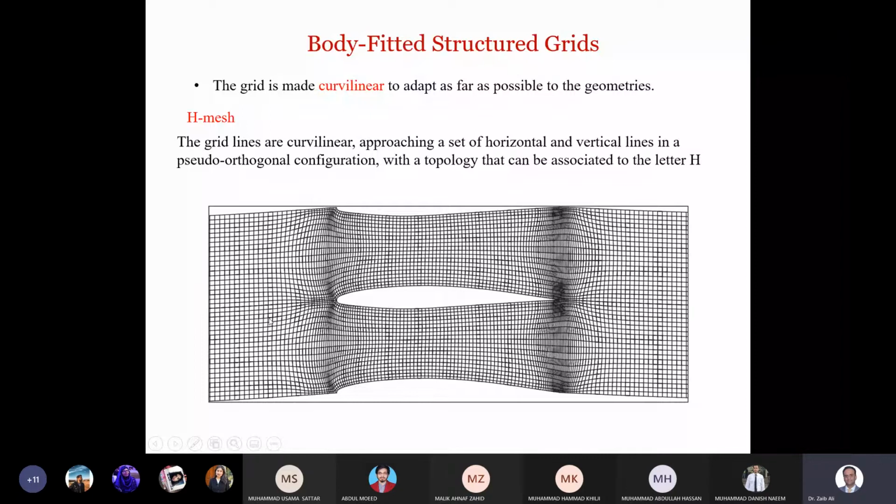Okay, this is like this. So two vertical columns, and then one horizontal column. Okay, so this is a type of body fitted mesh, and this is what you have been generating in Fluent as well.